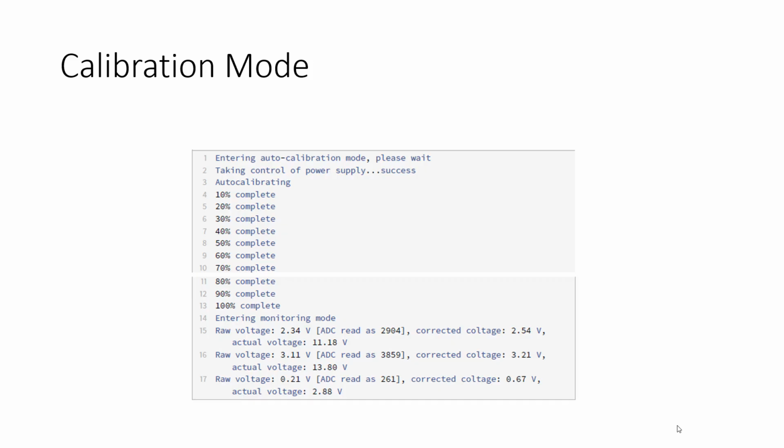So if you dial the power supply to 11.8 volts, that means the ADC is reading 2.34, but in reality, the voltage going into the ESP is 2.54 after the voltage divider, assuming the voltage divider has the resistances that we think it has. Make sense? Then you just keep printing that out, and that's basically it.